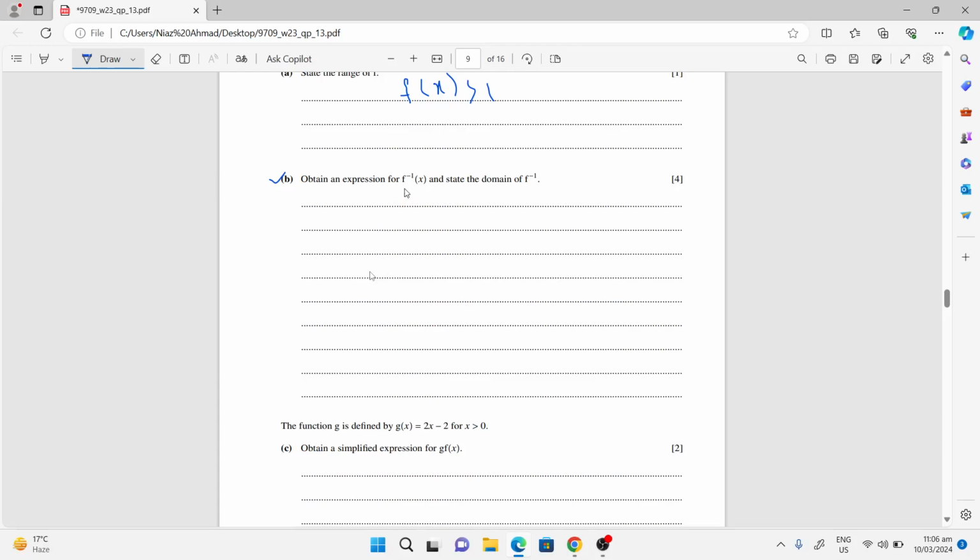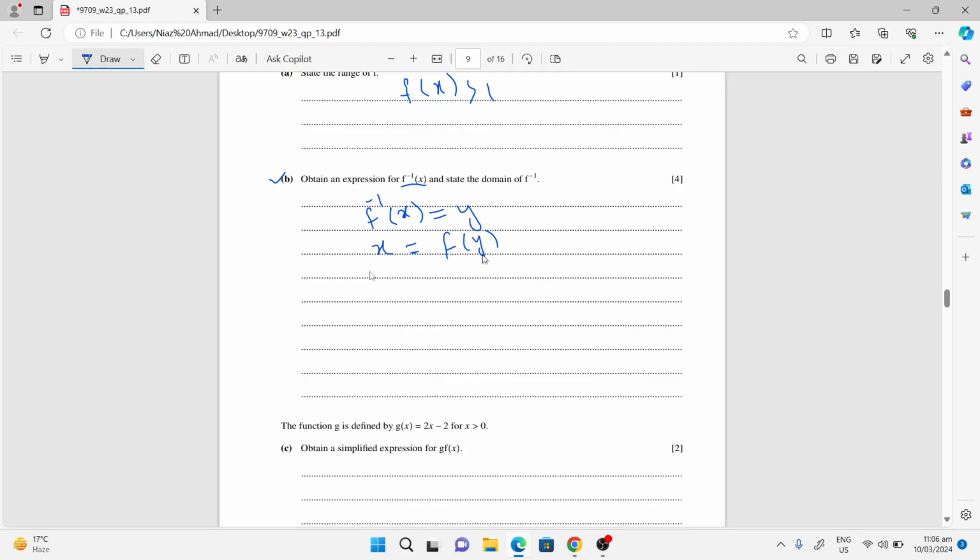Look, if you are asked to find the inverse of the function, I'm telling you a very cool method. If this is f inverse of x and let it be equal to y, f inverse of x equals y, then x must be equal to, when this inverse goes to the other side, just the function f of y.